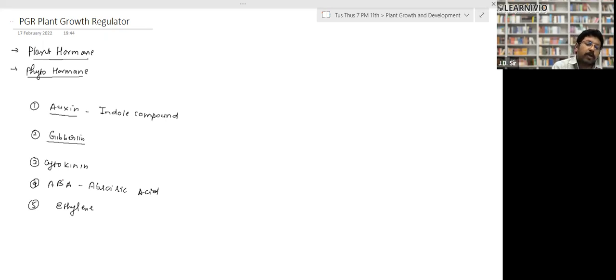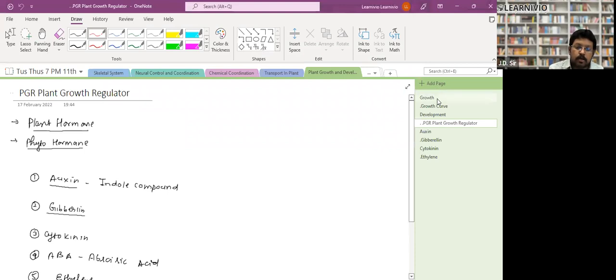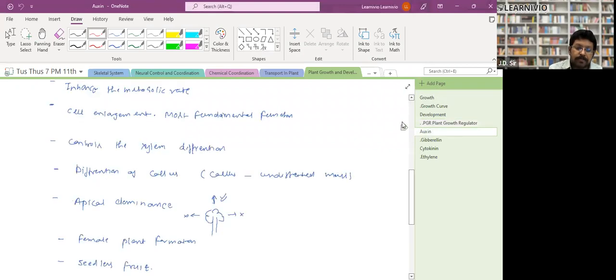Now start writing down one by one. We'll study one by one: first auxin, then gibberellin, then cytokinin, and so on. So put first heading auxin.